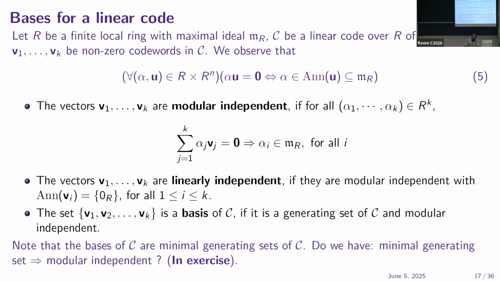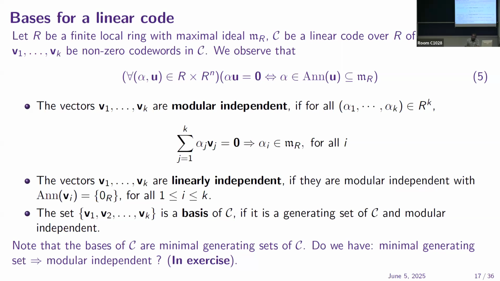Okay. The vectors v1, ..., vk are modularly independent if for all alpha 1, ..., alpha k in R, if this sum is 0, then all alpha i are elements of the maximal ideal.